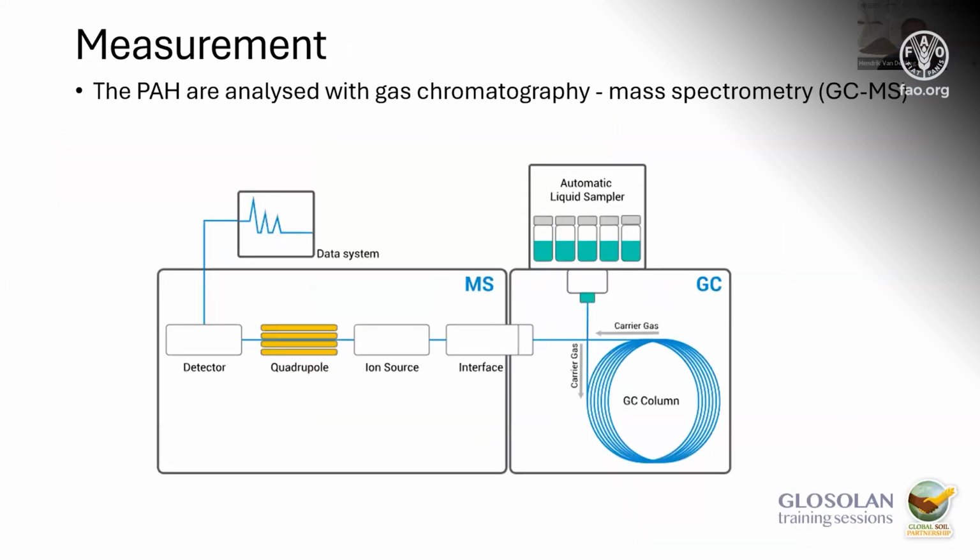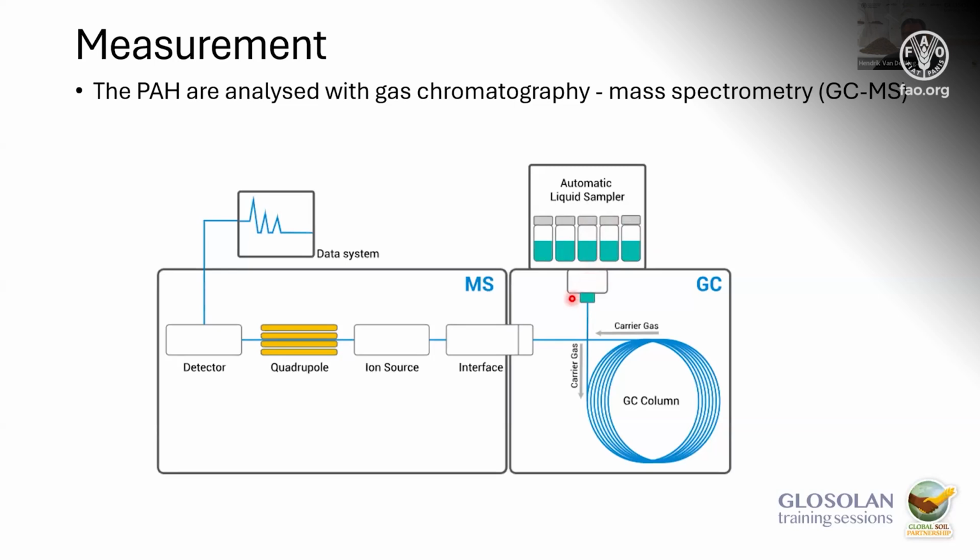Okay. So I continue with the measurement of the extract. The PAHs are analyzed with gas chromatography coupled to a mass spectrometric detector, GC-MS. This is a schematic view of a GC-MS where you have here the samples.